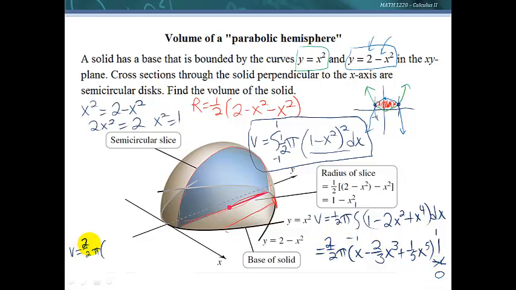So I'm going to do that because that'll make life a little bit easier. Then I'll have 1 minus 2/3 plus 1/5. And when we simplify that, it looks like we would get 8/15 pi. So there is the volume of our solid.